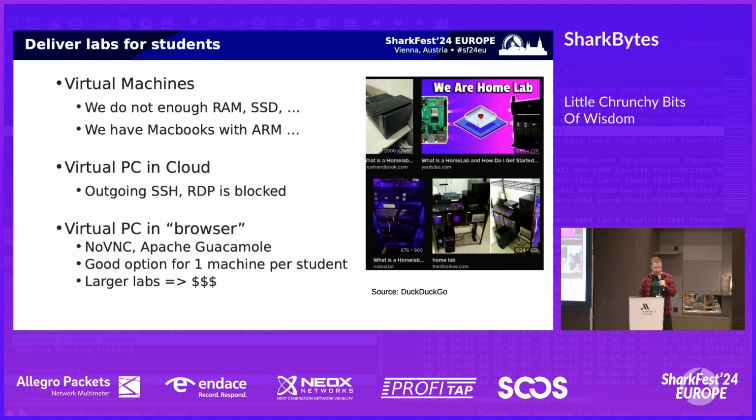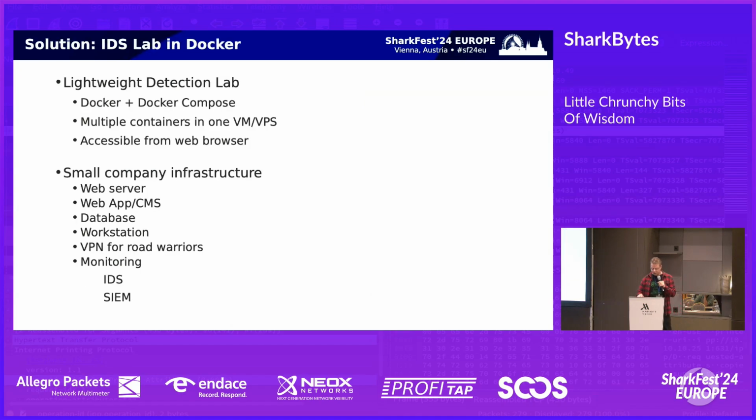So as the last iteration, I wanted to use some kind of lightweight detection lab, like a bunch of containers running on one machine, either virtual or physical. Docker and Docker Compose are very good for that, and I decided to simulate a small company infrastructure in a Docker lab.